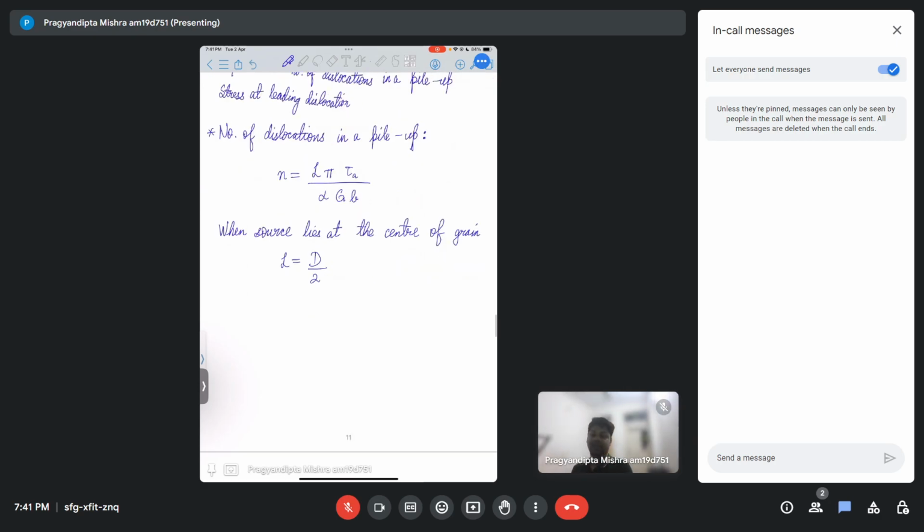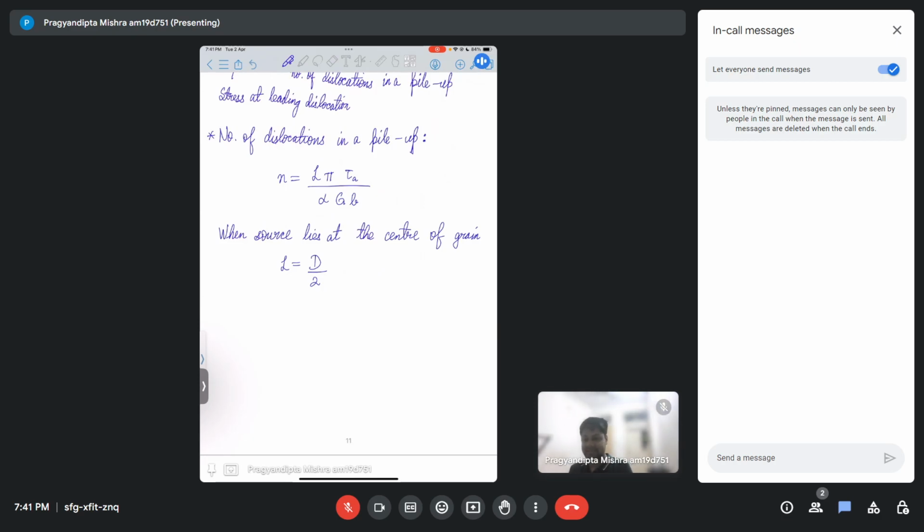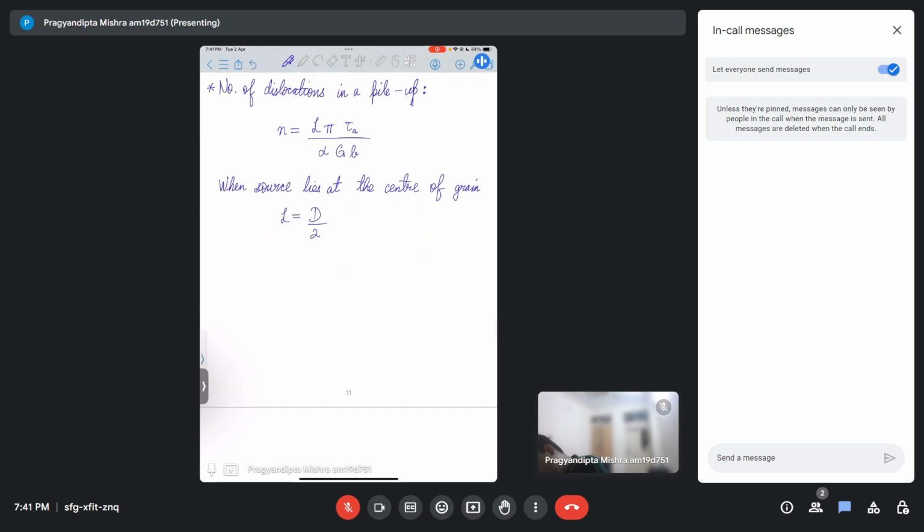So I can rearrange and rewrite this equation as d by 2 equal to n alpha G b divided by pi times tau A.